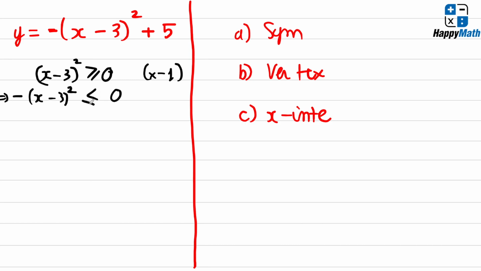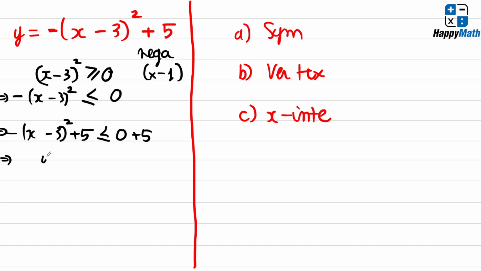Why do you change direction? You change direction because you multiply both sides of the inequality by a negative number. Carefully: multiply by a negative number, you have to change the direction of the inequality. So from this step, you get negative (h − 3) squared plus 5 is less than or equal to 0 plus 5.